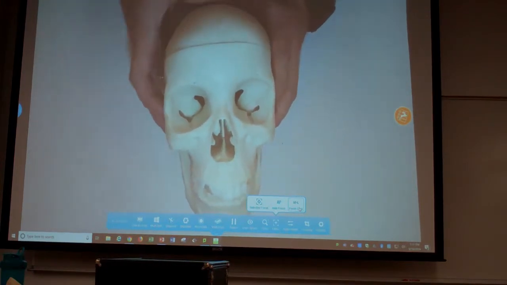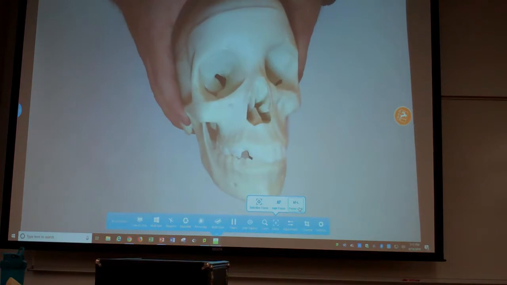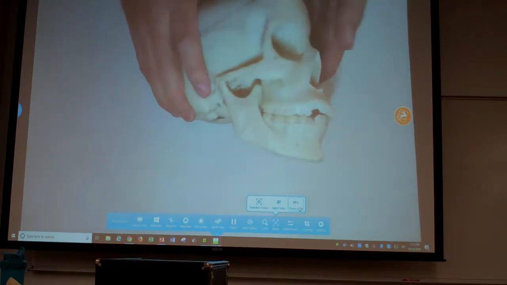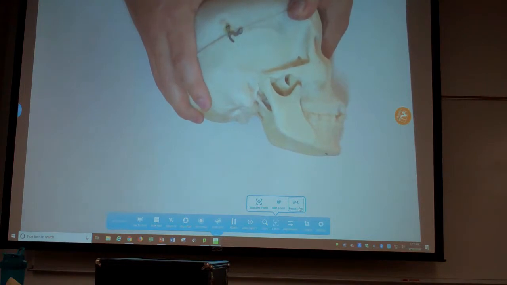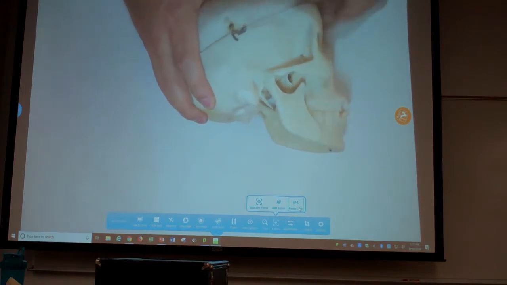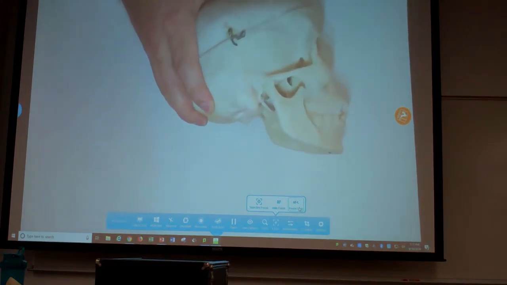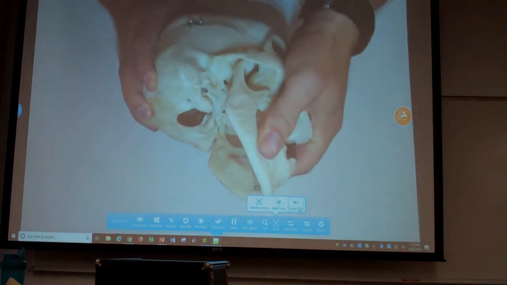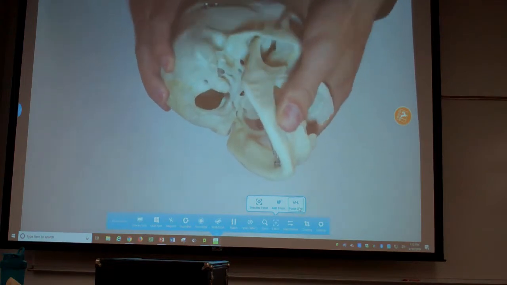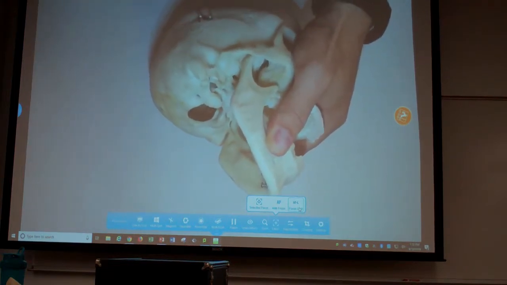Next one, temporal bone. Mandibular fossa. Mandibular meaning mandible, and fossa refers to a shallow concave surface. That is where your mandible articulates with the temporal bone.